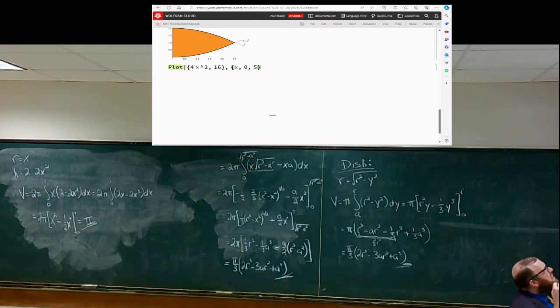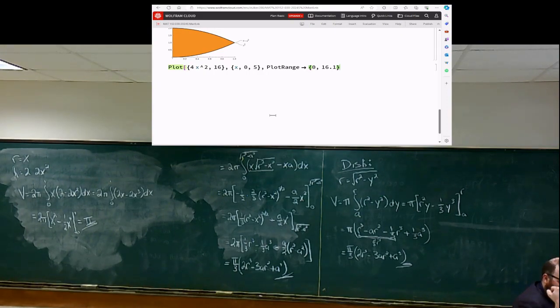Let's go out to 5. Let's set the plot range to be 0 to 16.1. 4x squared is never going to be below the x-axis, is it? So that's why I'm starting my range at 0.